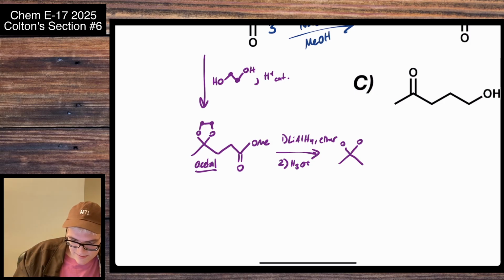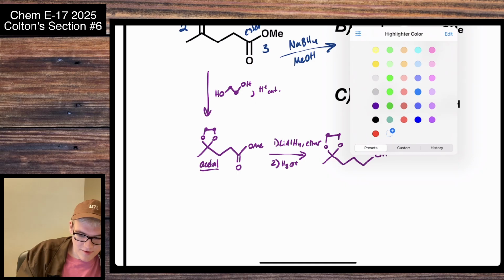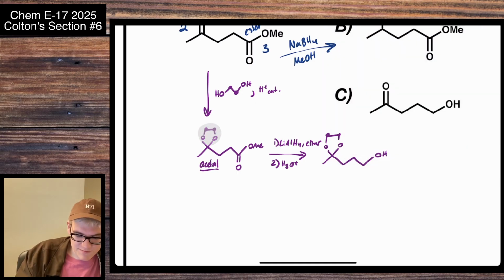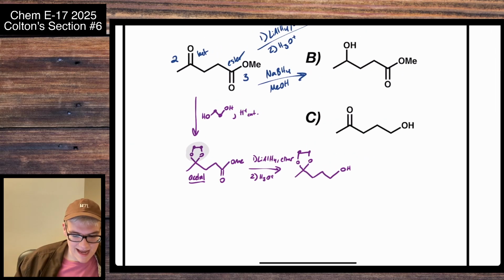Our acetal is left unreacted, and then we've reduced our ester all the way to an alcohol. And I might even do some coloring to help. So here we have just protected the ketone as an acetal, and it's protected so it's not reacting.